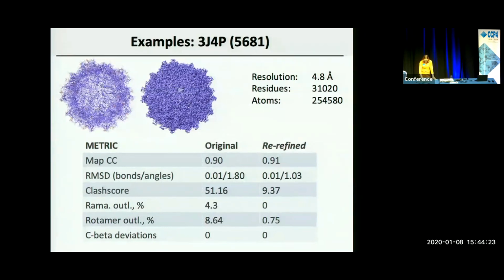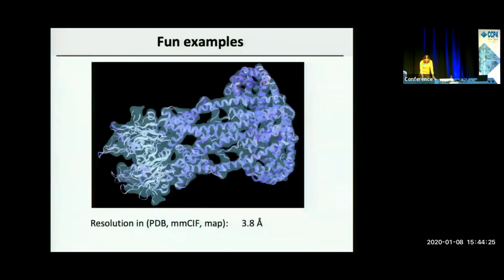So here are two fun examples. Here's a model, and the map is superposed. You can see it a bit in transparent. The resolution of this map, as indicated in the files, is 3.8 angstrom. However, it's maybe not so visible from far, but this does not really look like a 3.8 angstrom map.